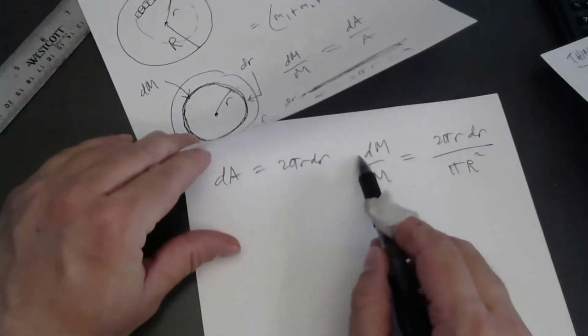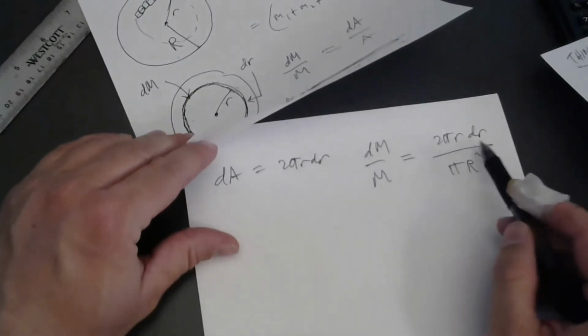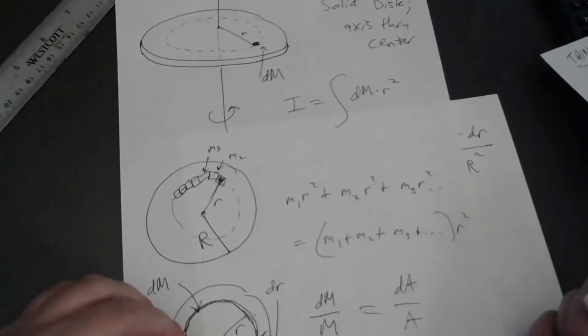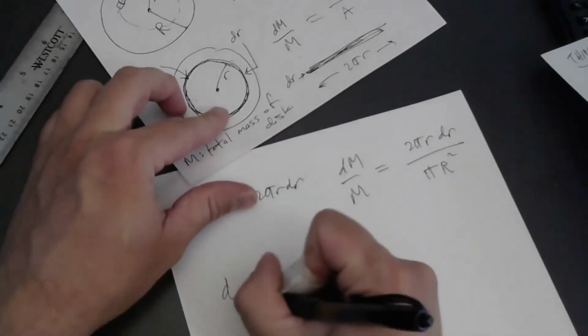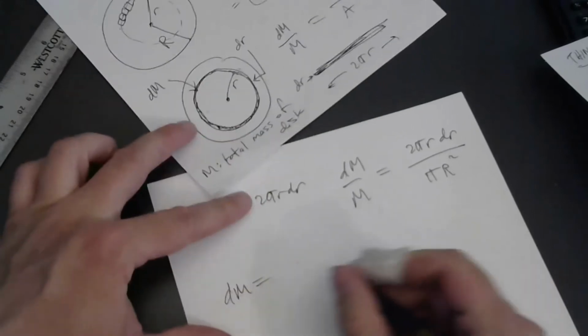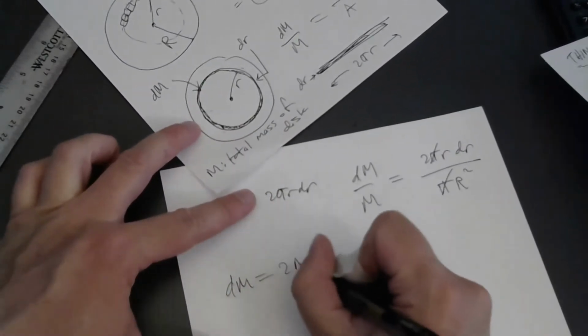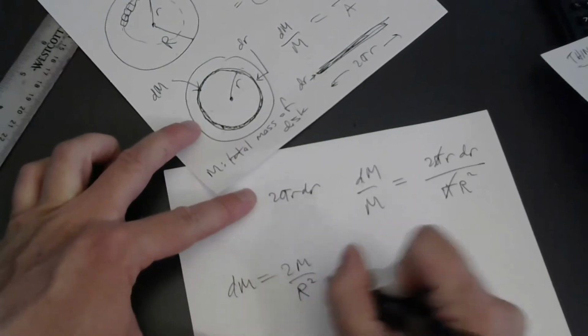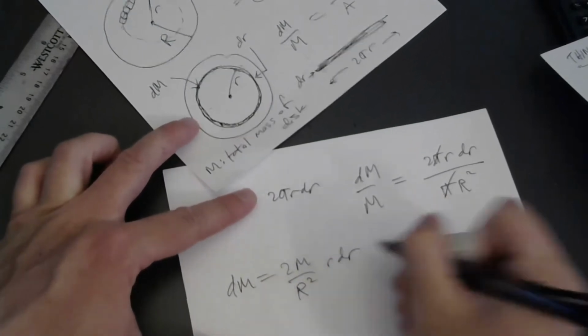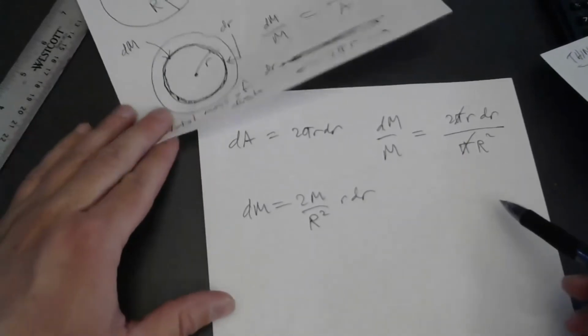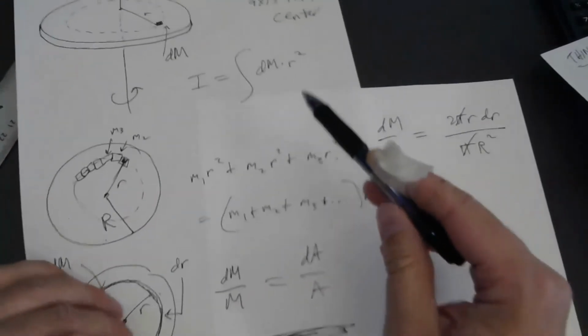We've expressed dm in terms of dr. So when we put it in here, we will be prepared to integrate. So dm is equal to, let's see, the pi's cancel over here. I've got a 2m over big R squared times little r d little r. That's just this rearranged. Let me substitute that now into here.